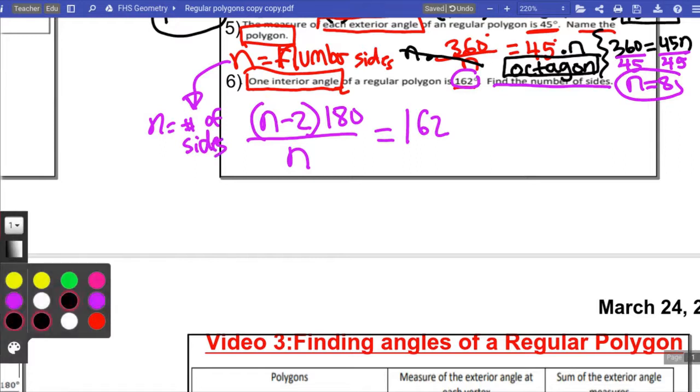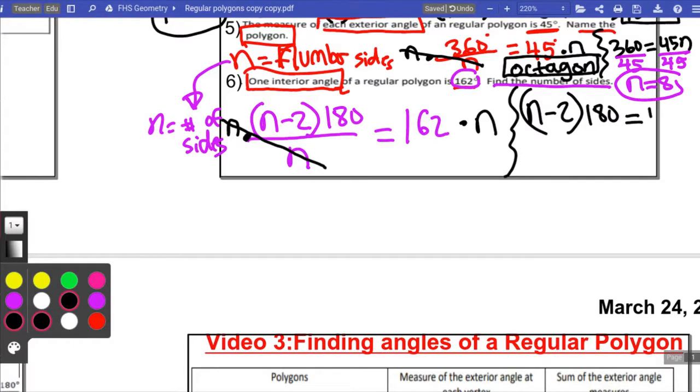As discussed in the previous question, to solve for n you multiply both sides by n. If you multiply by n on both sides, on the left side the n will be canceled, and you have 162 times n on this side. On the left-hand side, I have n minus 2 times 180 equals, on the right side, 162n.